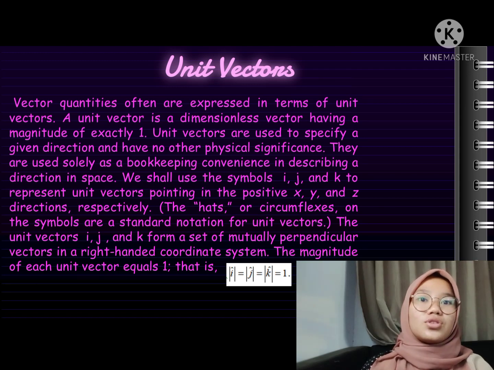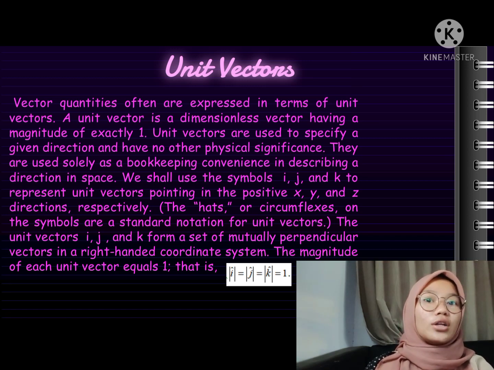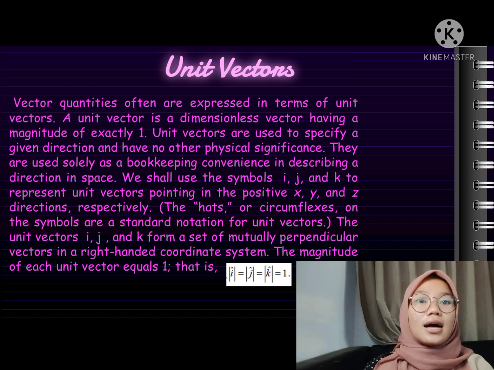They are used solely as a bookkeeping convention in describing direction in space. We shall use the symbols i, j, and k to represent unit vectors pointing in the positive x, y, and z directions, respectively. The hats or circumflexes on the symbols are a standard notation for unit vectors.